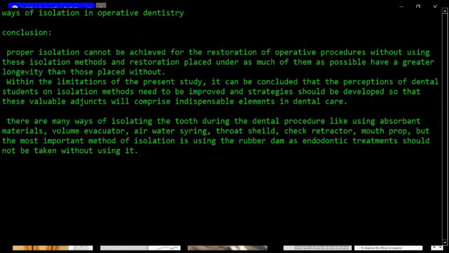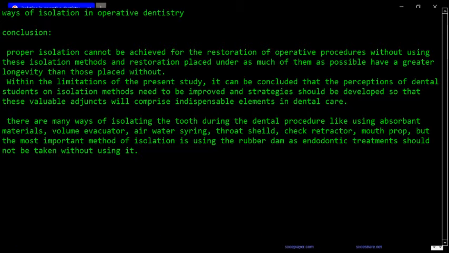Very important, of course. Moisture control, local anesthesia. Infection control, protect the patient from swelling. Patient-related.